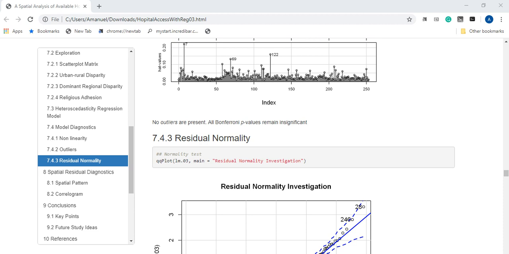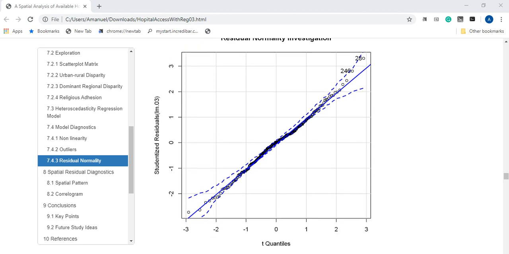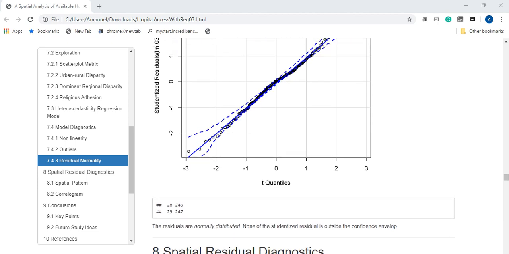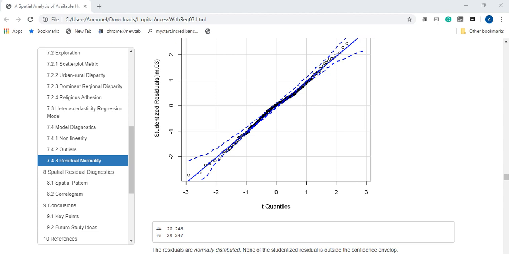And for the residual normality, as we can see from this plot, the residuals are normally distributed, with none of the standardized residuals outside of the envelope.